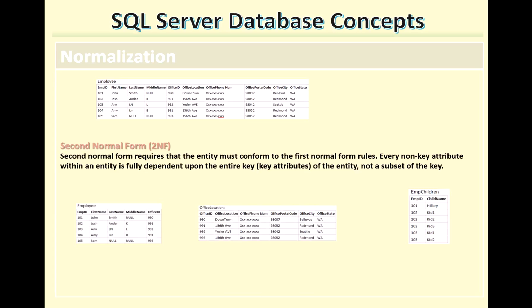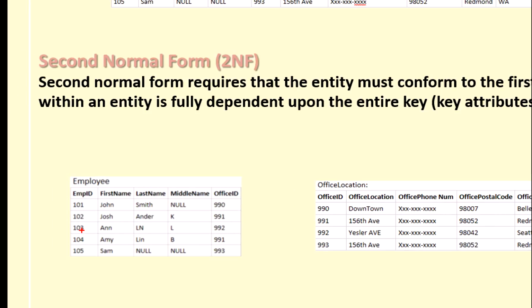Now we will name that table office location, and for office location, office ID will become the entire key, or primary key. Now if you look at this data, the employee first name, last name, middle name and office ID all represent employee ID 101.